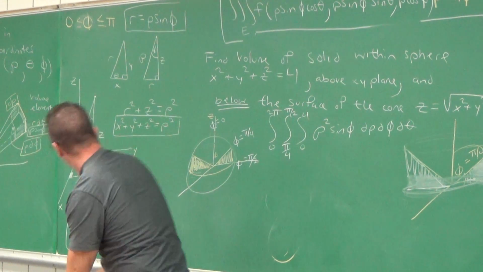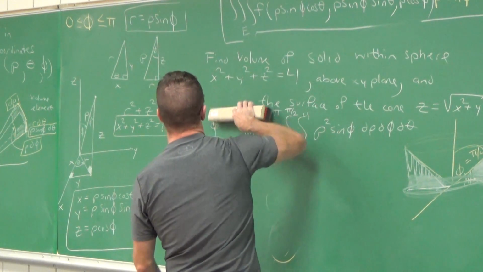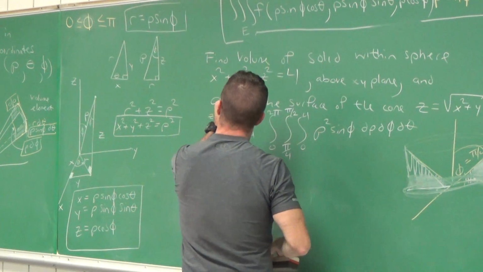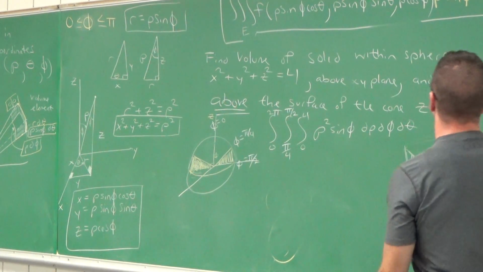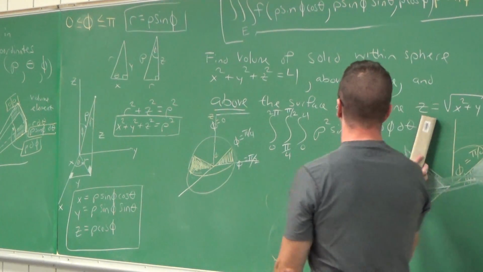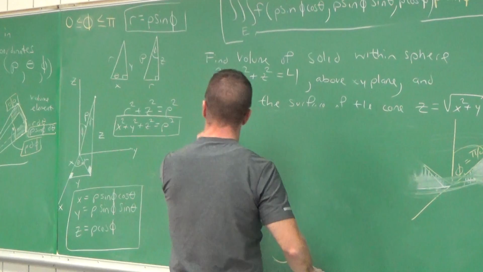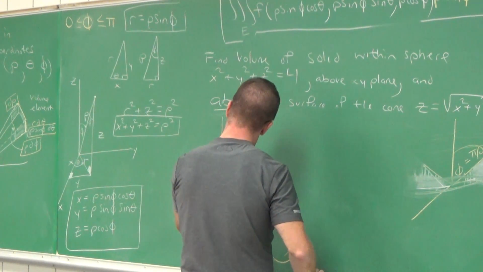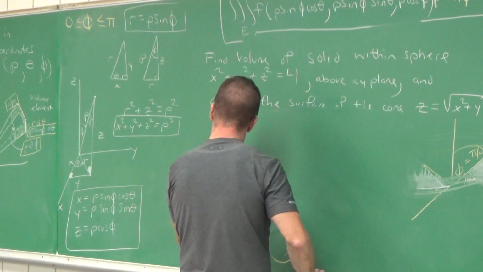Above the xy plane, but this time above the surface of the cone. Same equation. So that gets a whole new setup. But it's not much different, is it? There's my sphere.